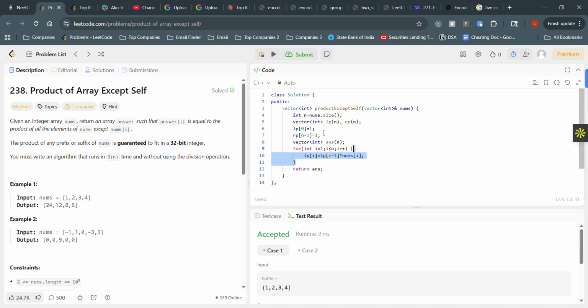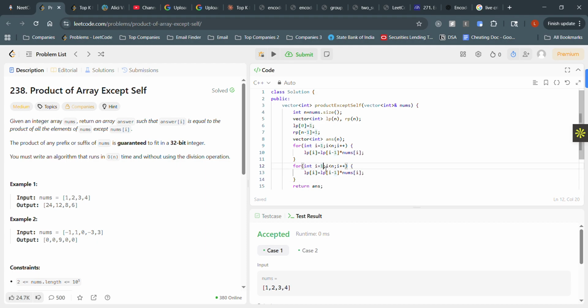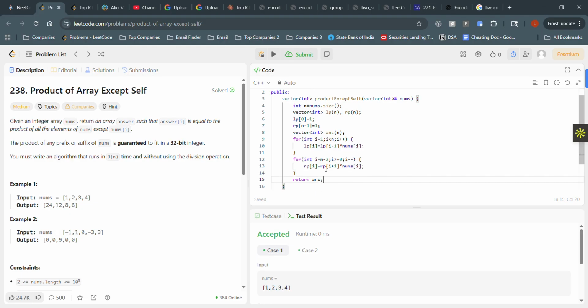Similarly, the right product will be equal to right product of i plus 1 times nums of i, the only difference being that we need to traverse backward. So it will be from n minus 2, since we already have the result for n minus 1, up till 0. So now we have our left and right product.